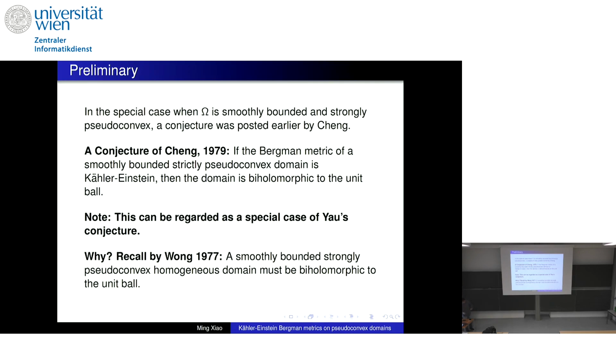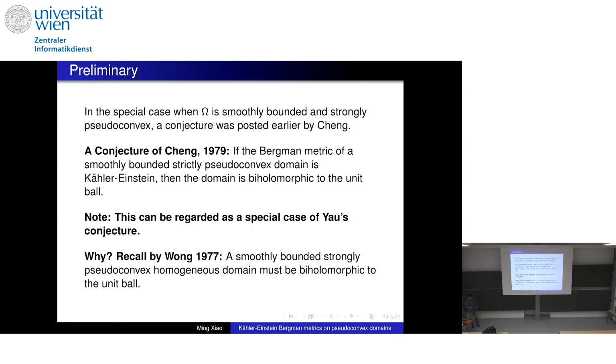I want to emphasize that Cheng's conjecture is a special case of Yau's conjecture. Why? Suppose Yau's conjecture is true, then by Yau's conjecture, this domain omega must be homogeneous. Then by a theorem of Wong, who proves that if we have a smoothly bounded strongly convex domain, which in addition is homogeneous, then it must be biholomorphic to the ball.